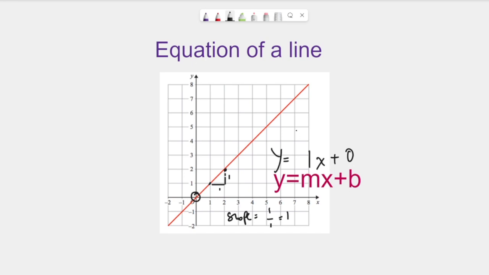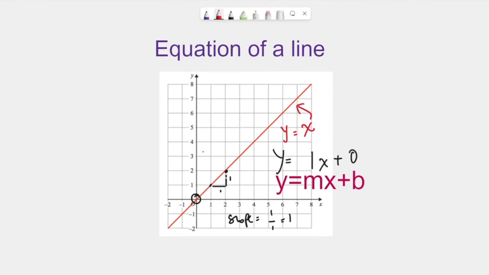Now let's write it in a better way. y equals 1x can also be written as just x, and plus 0 has no value, so we don't write the y-intercept. When there is no y-intercept, we have to understand that the y-intercept is actually 0. The line is going through 0. So the equation of this line is y equals x. Let's do the other example now.